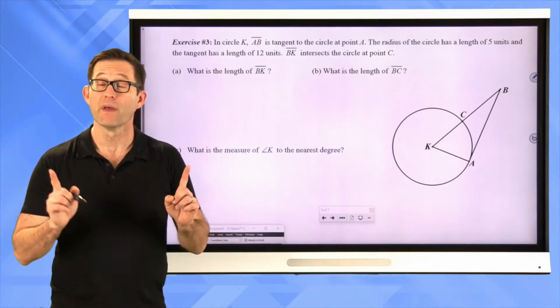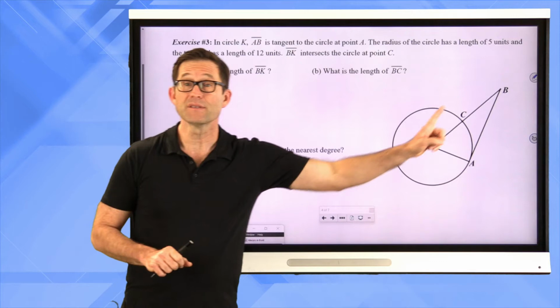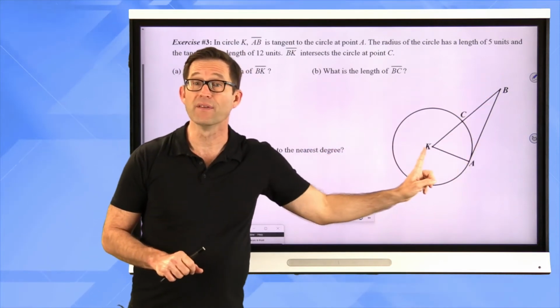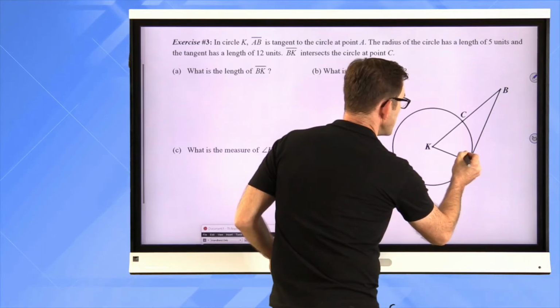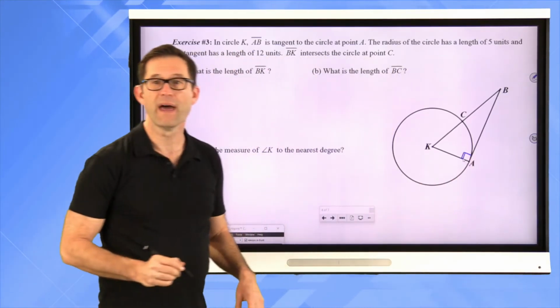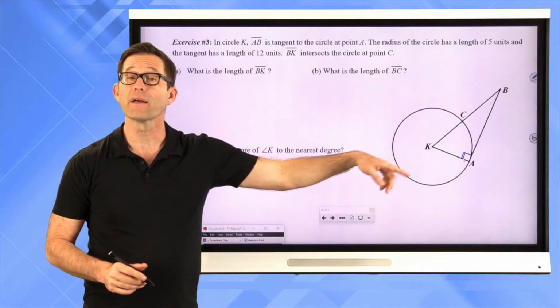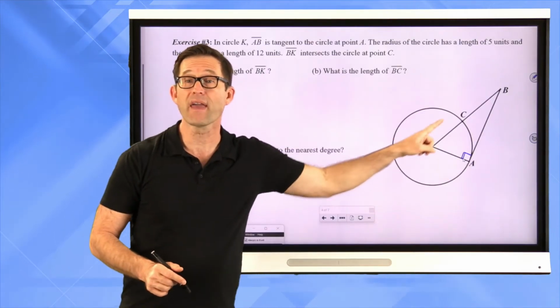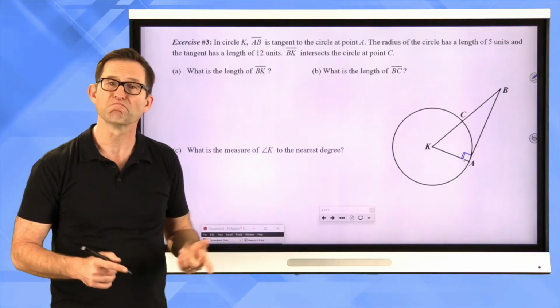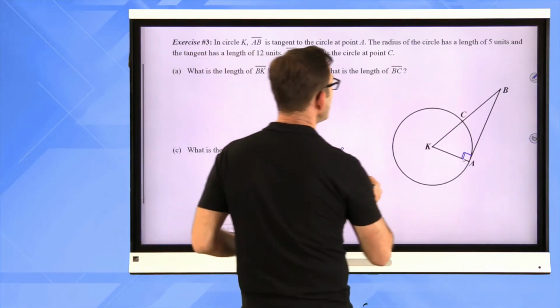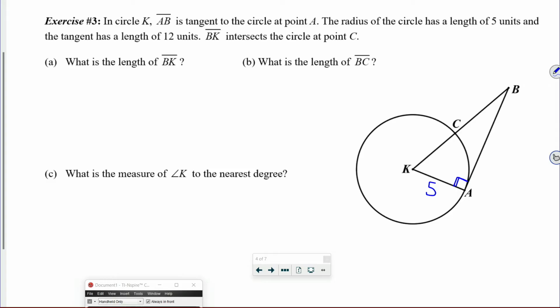All right, well, the key here is, because this is a tangent and this is a radius, what we know is that this is a right angle. Now, because we know that's a right angle, we know that triangle AKB, or BAK, is a right triangle. What do we know? We know that the radius is 5.